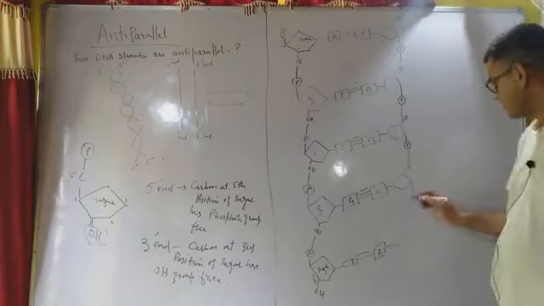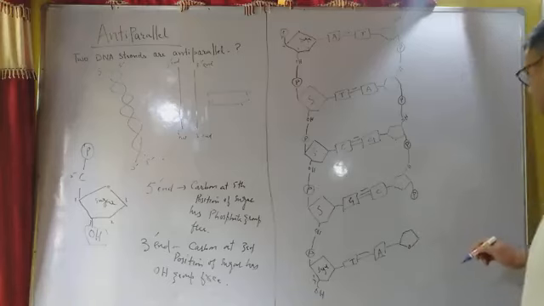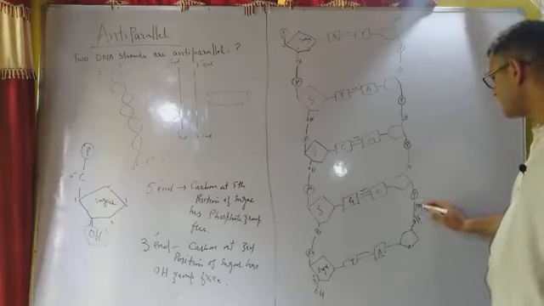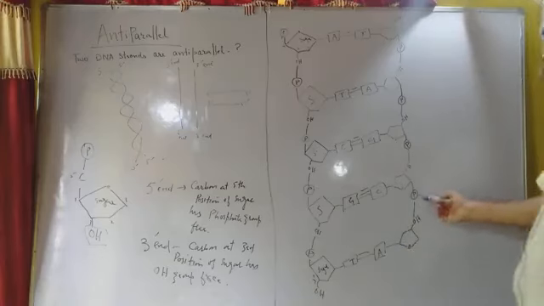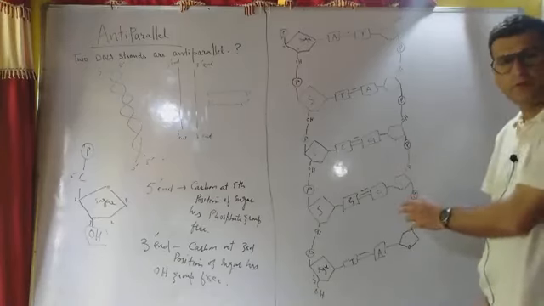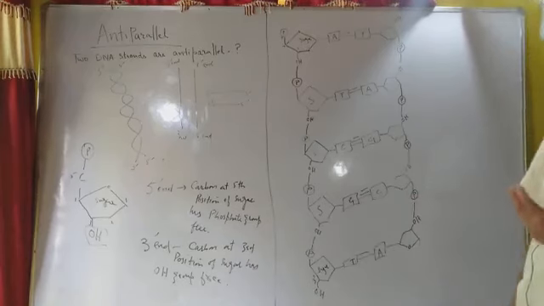Then we have another nucleotide. 1, 2, 3, this is hydroxyl group present at the carbon third, and this hydroxyl group is attached to the phosphate component of the adjacent deoxyribonucleotide, and this carbon fifth always has this phosphate group.